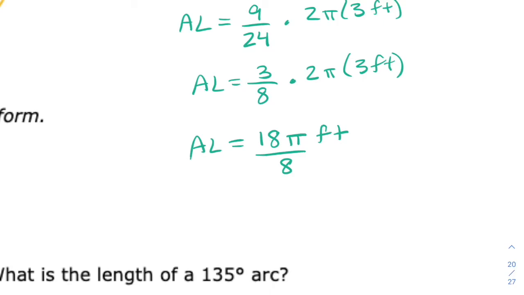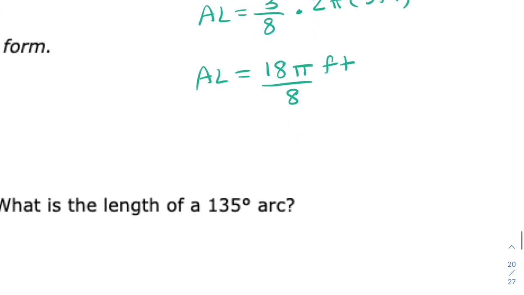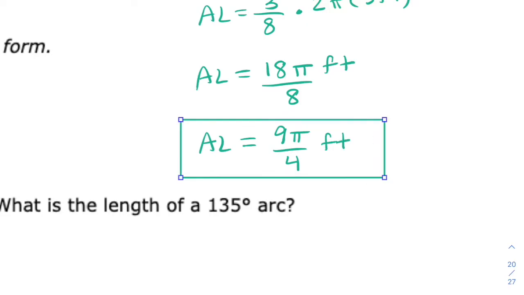So what I did was I took 3 times 2 times 3 times pi times feet, so it all ended up in the numerator here. And 18 divided by 8, well, we can simplify that one last time by dividing by 2. So we're going to factor out a 2 from the numerator and denominator, and we are done. And there you go.